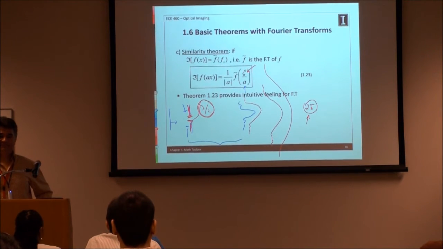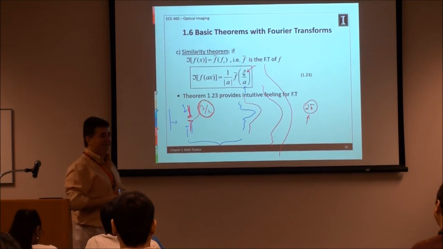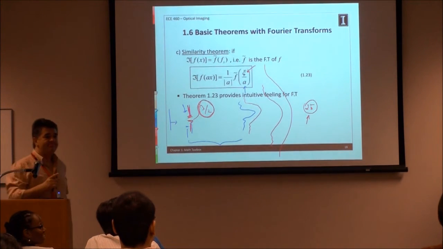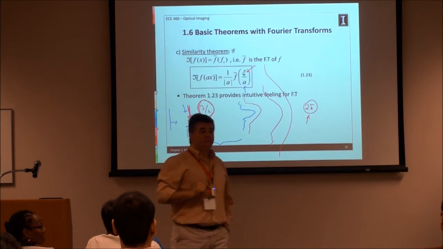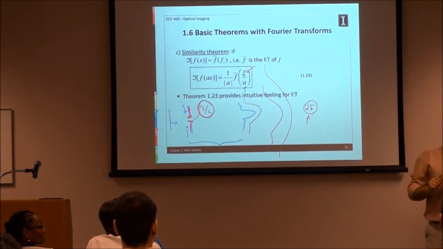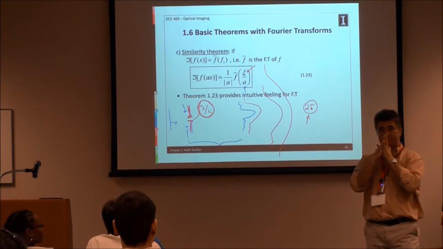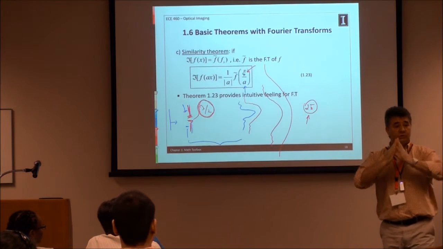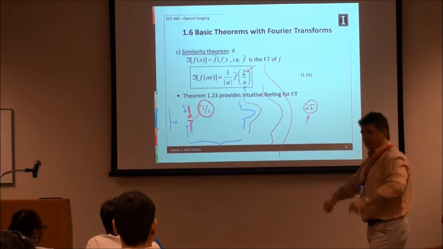You're used to it. Decreasing the pulse length of light requires what? What happens if I decrease the pulse length by a certain factor? The bandwidth has to be broader.